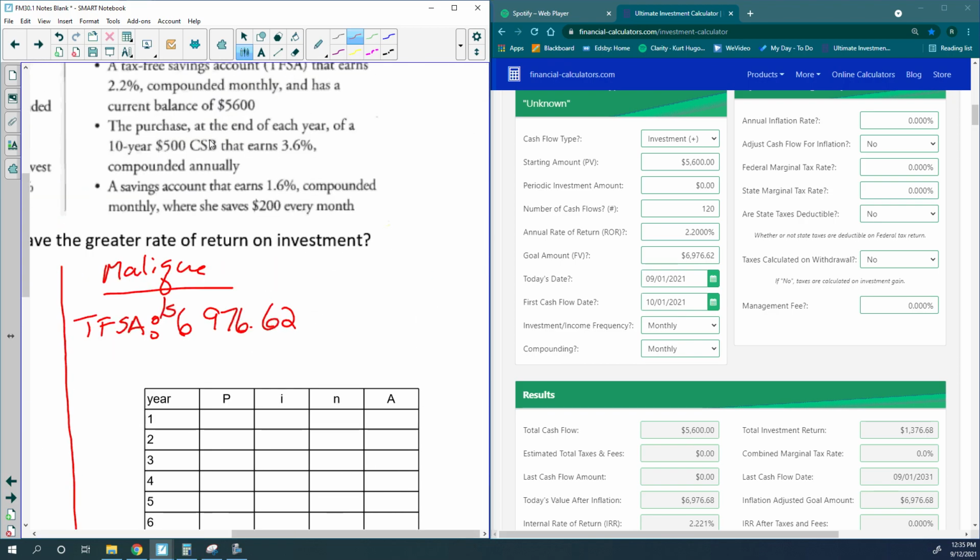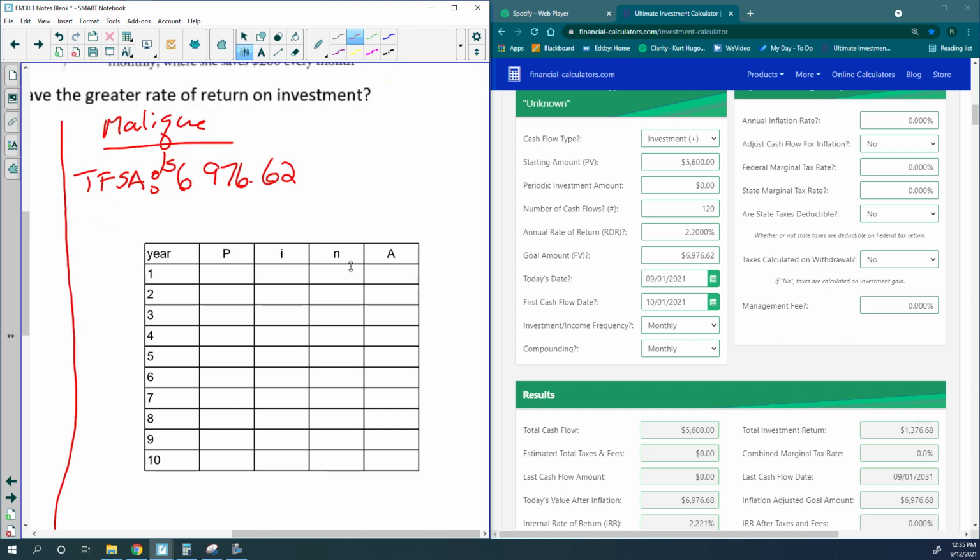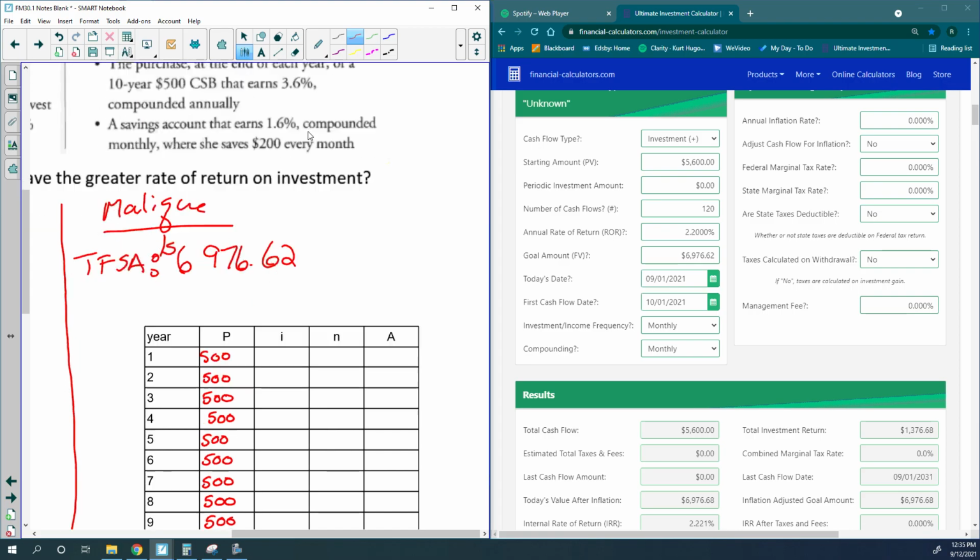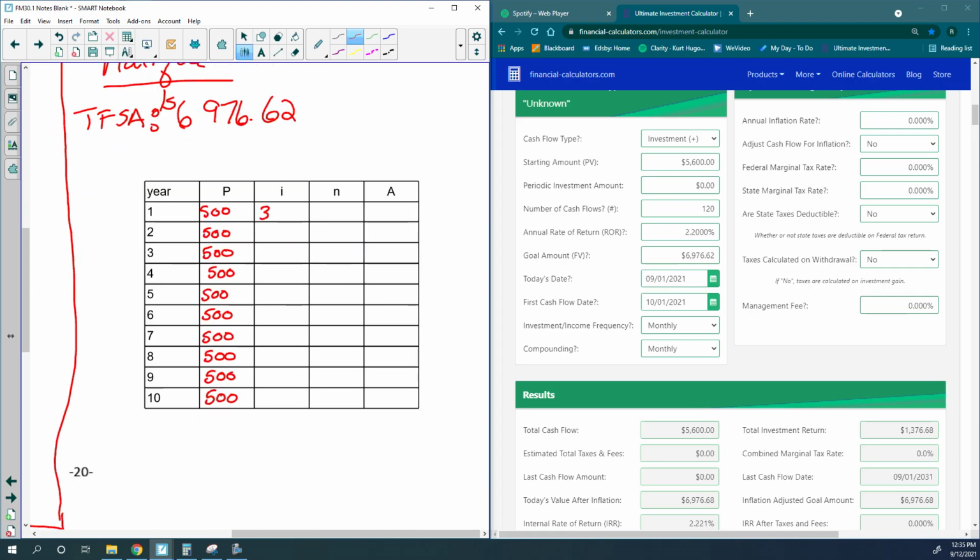So we're doing these $500 Canadian savings bonds at the end of each year. The principal of each is going to be the 500, and the interest rate for each is going to be 3.6.